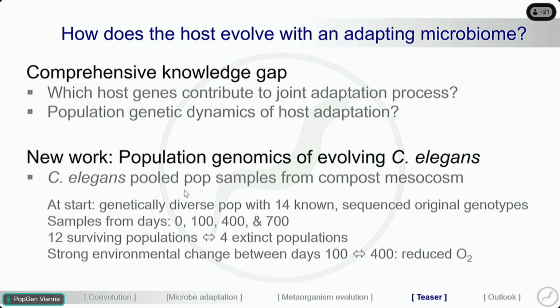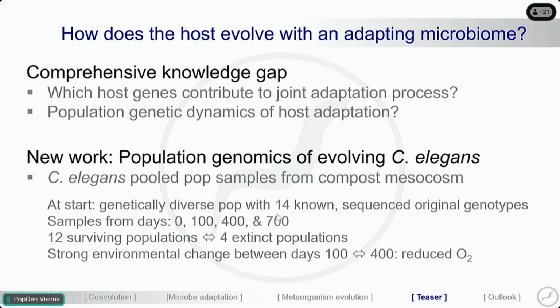We did this on pooled population samples from the compost mesocosm. And at the beginning, we had a genetically diverse population. And what is important for the analysis, this population was created by intercrosses of 14 genotypes that are all fully sequenced. So we have full genome information of the initial genotypes.